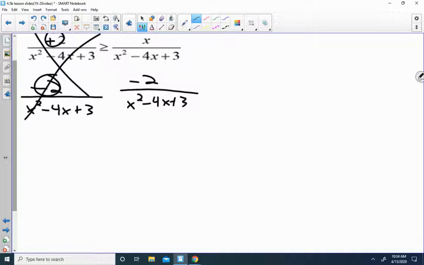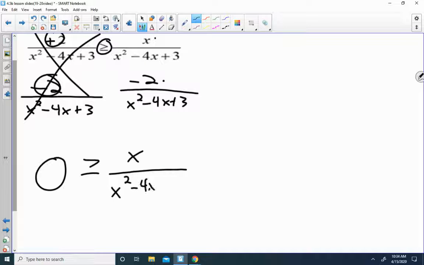So that means on the left side, there's nothing left, so we're just going to have 0. Then here, we're going to have the inequality of greater than or equal to. And then on the right, we're going to have (x - 2) / (x² - 4x + 3), and then minus the 2. So minus 2 all over x² - 4x + 3.